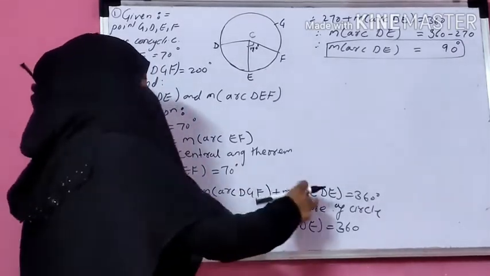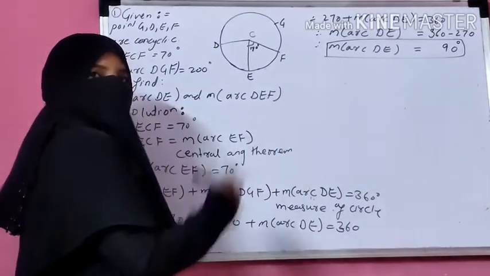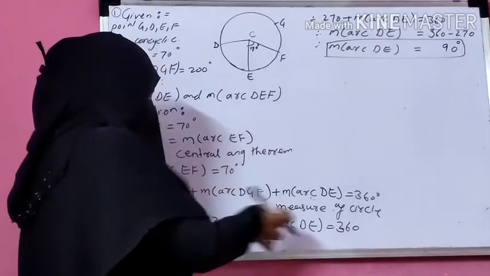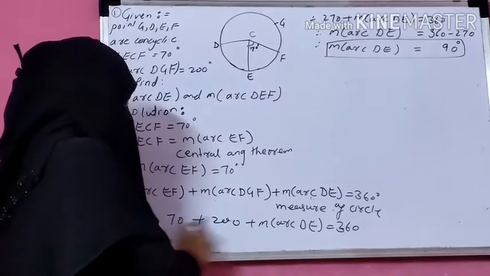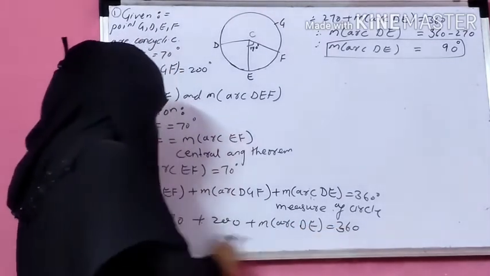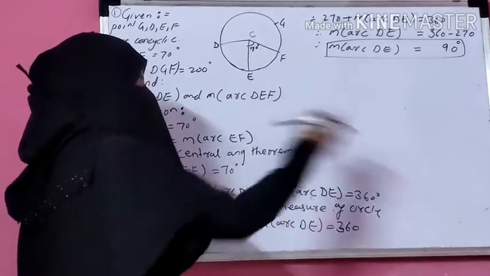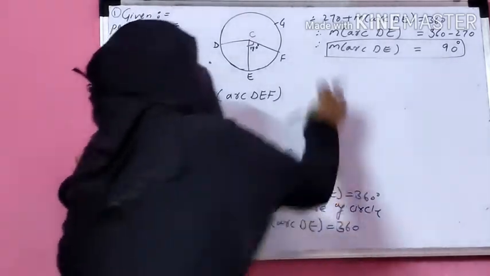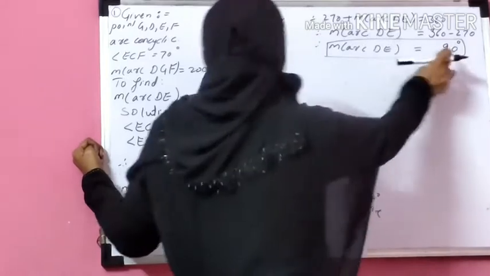Substitute the values: 70 plus 200 plus measure of arc DE equals 360. So it's 270, that side goes in subtraction, and measure of arc DE is 90 degrees.